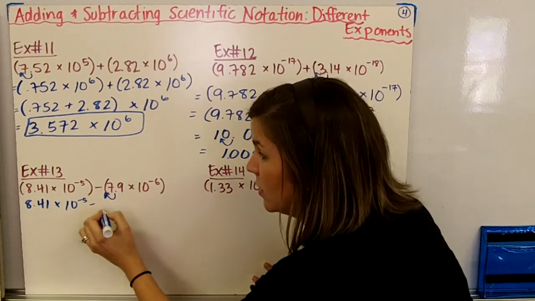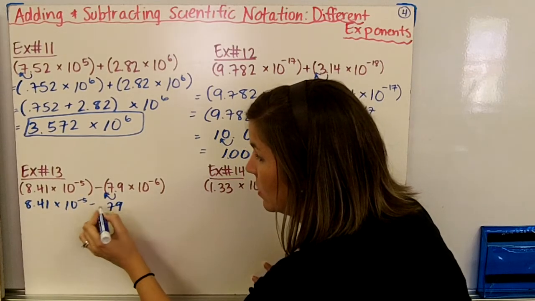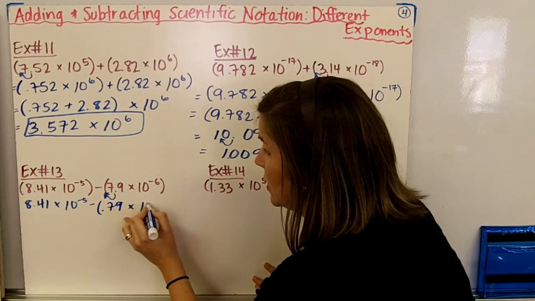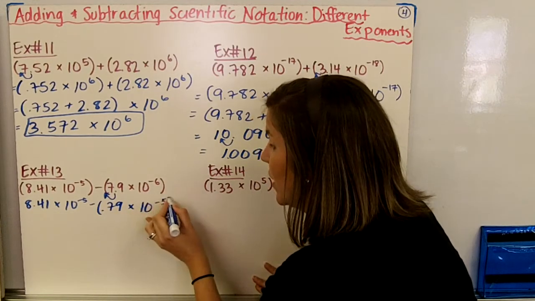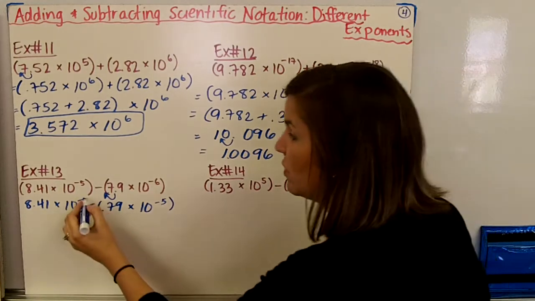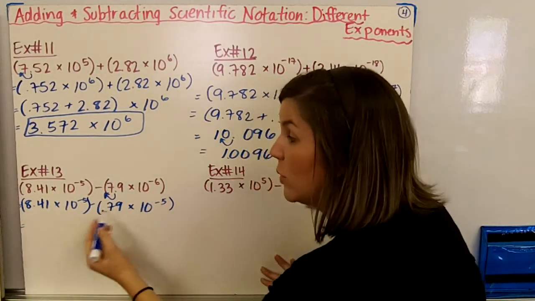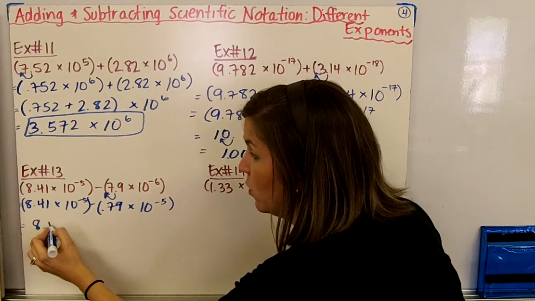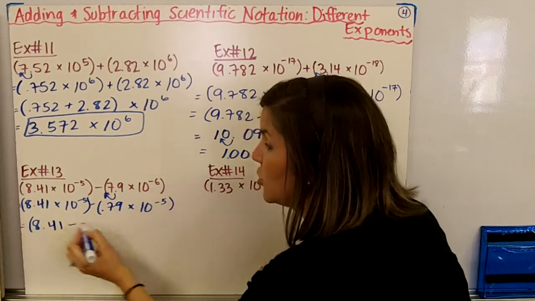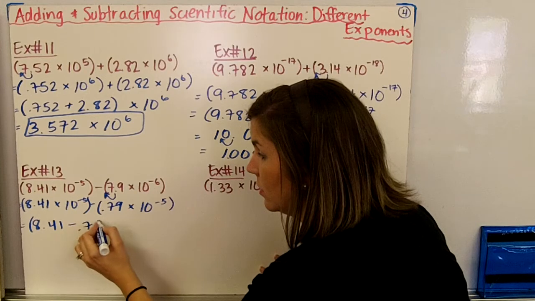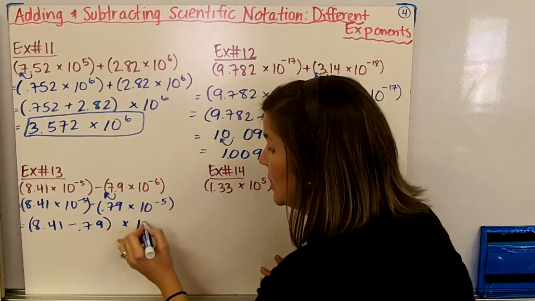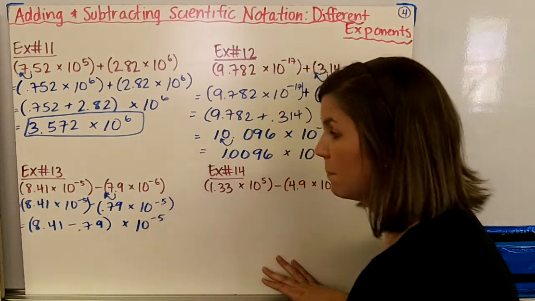We're subtracting 0.79 times 10 to the negative 5th power now. We've made our exponents the same. Now we can subtract 8.41 minus 0.79 times 10 to the negative 5th power.